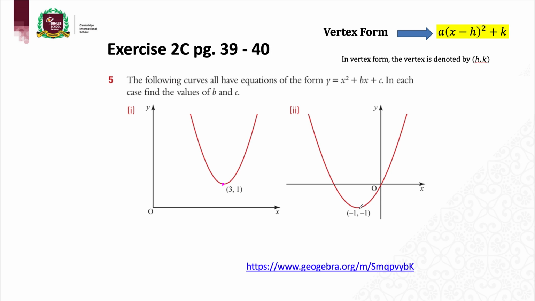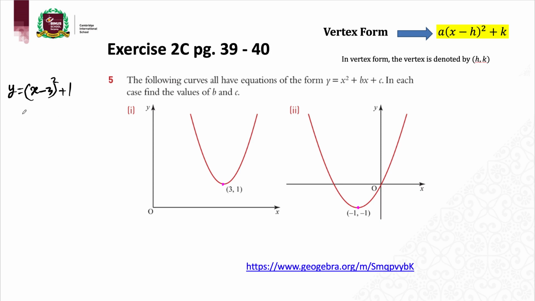How to do that? Okay, so this problem is actually easier than before. Look at this. We begin from the vertex form, so y equals a, but a in this case is 1, right? So x minus h squared. So we have 3, 1, right? So x minus 3, correct? Squared plus 1.